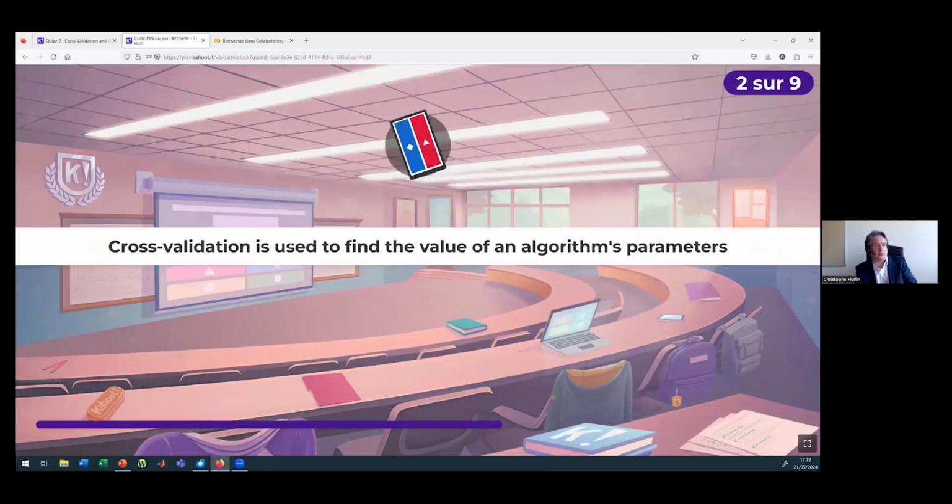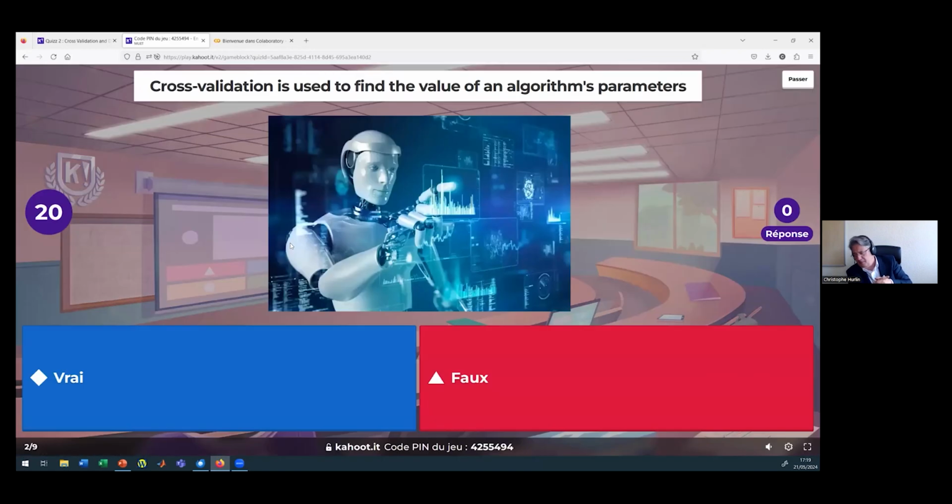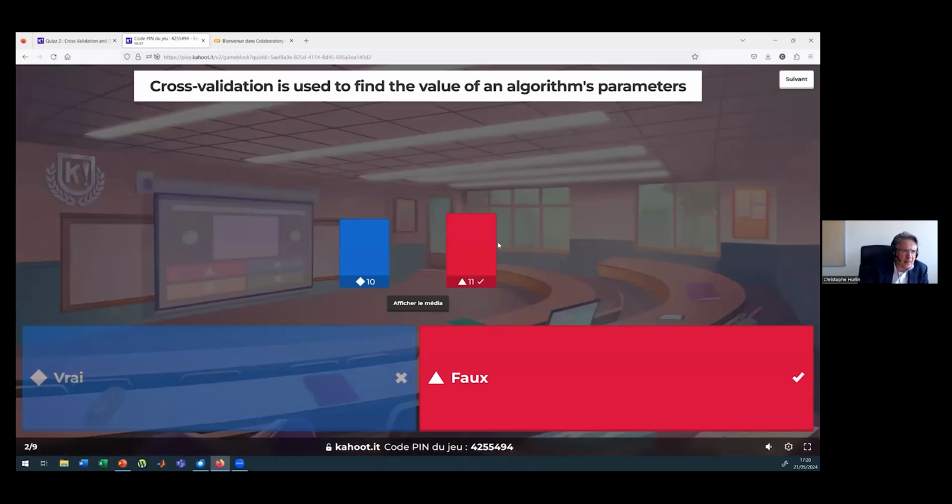Cross-validation is used to find the value of an algorithm's parameters. This is false because we don't have to make a confusion between parameters and hyperparameters. The cross-validation is devoted to fixing the optimal value of the hyperparameters and not the parameters.